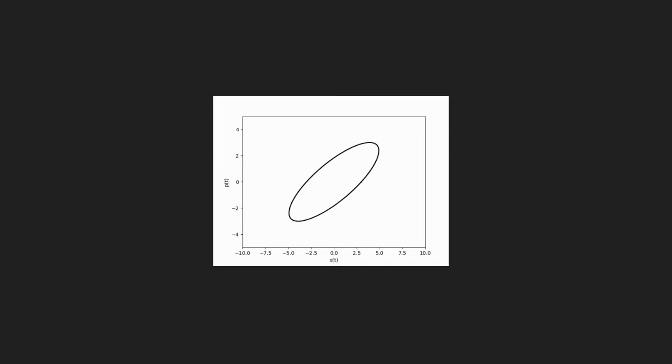I don't know exactly where, but it might be described by some probability distribution, whatever. I can now track at a later time, well, where else could that be? In principle. And we'll actually see very shortly that that's exactly what I can do. That's what this Liouville's theorem is actually saying.